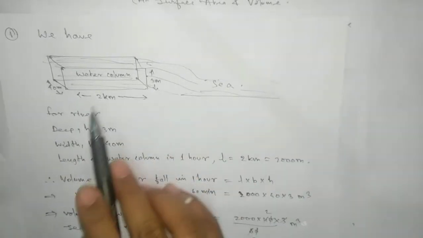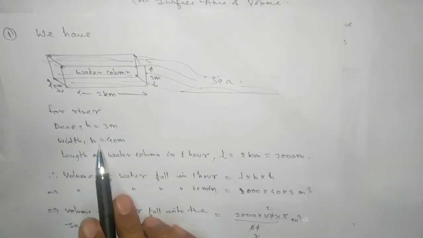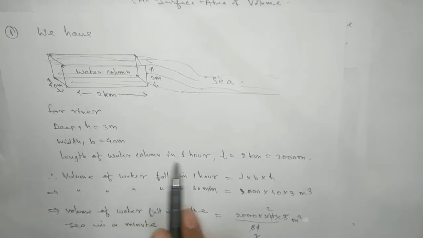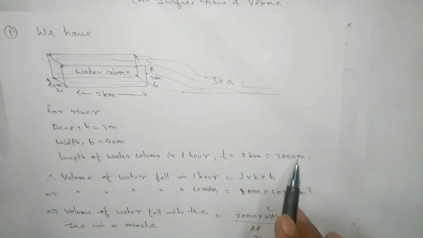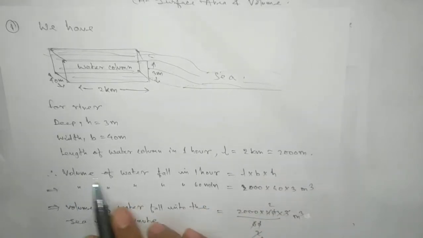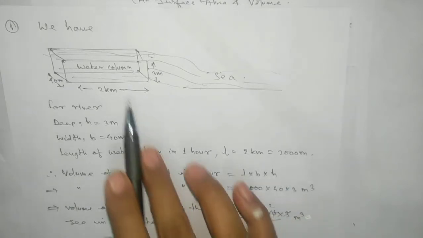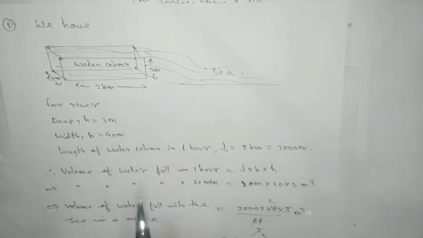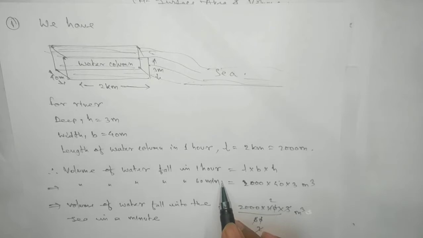So the water column height of the river, H, is 3 meter, with 40 meter width, and the length of water in 1 hour is 2 km, that is 2000 meter. We need to convert into meter. The volume of water in 1 hour is length into breadth into height, as it is in cuboidal shape. The volume of water in 60 minutes remains the same, as 1 hour equals 60 minutes.